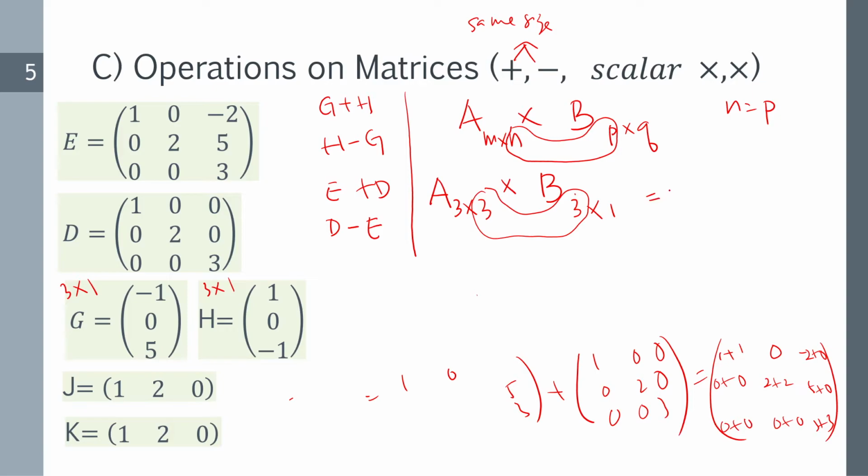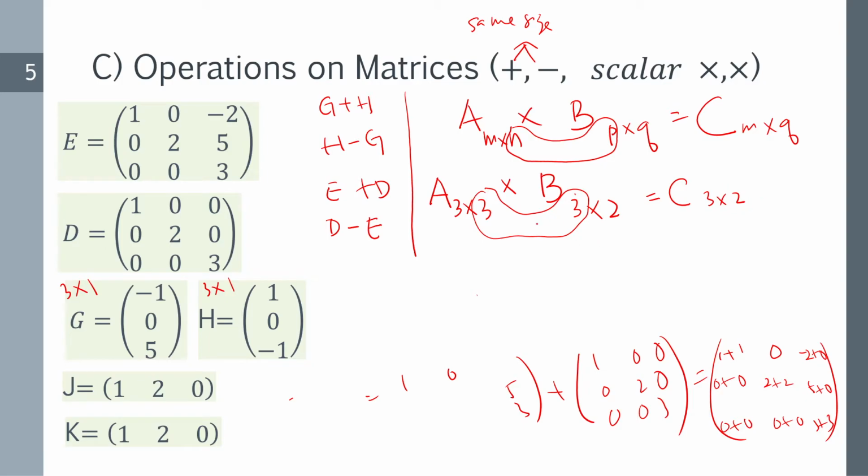And the output of the product, let's say we name it C, has a size where we take the row of the first matrix, m, and the column of the second matrix. So let's say I have a 3 times 3 multiplied by 3 times 2. Then my output is actually C, 3 times 2.